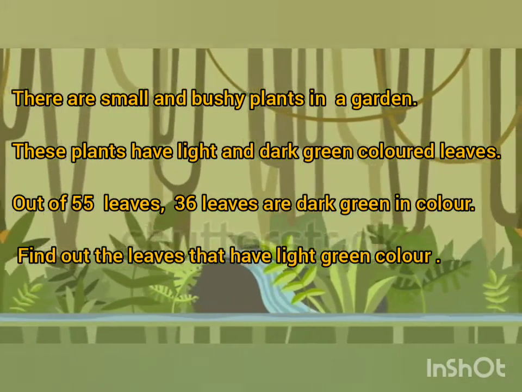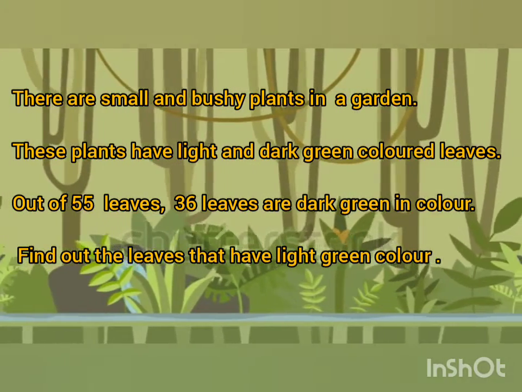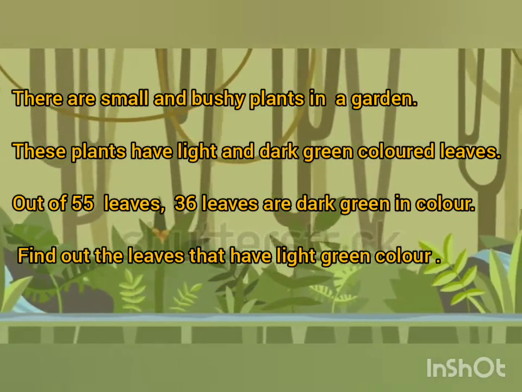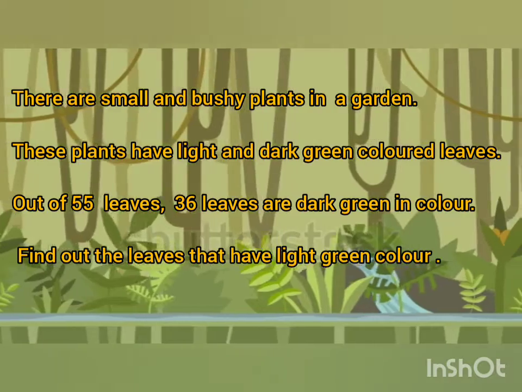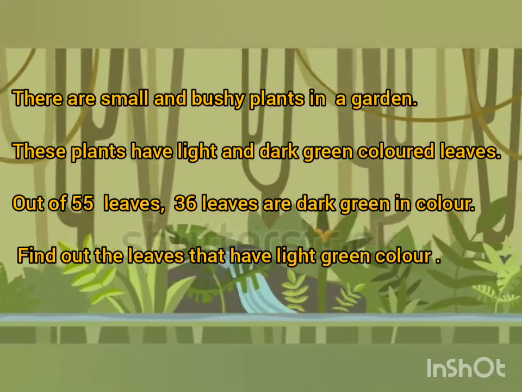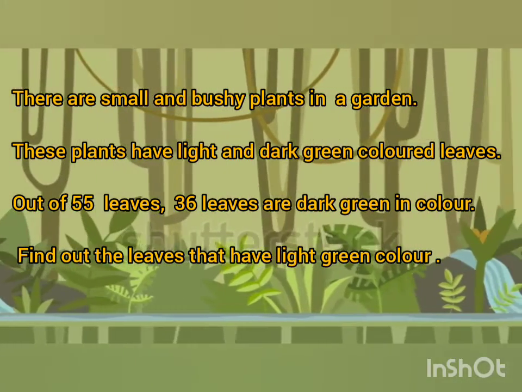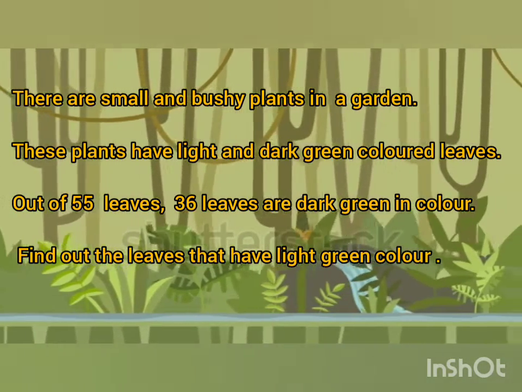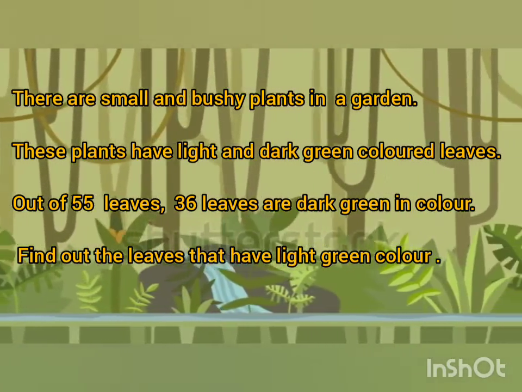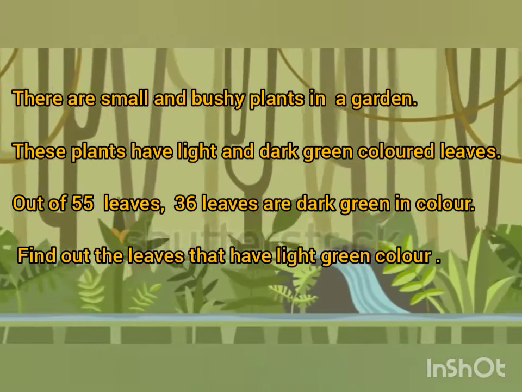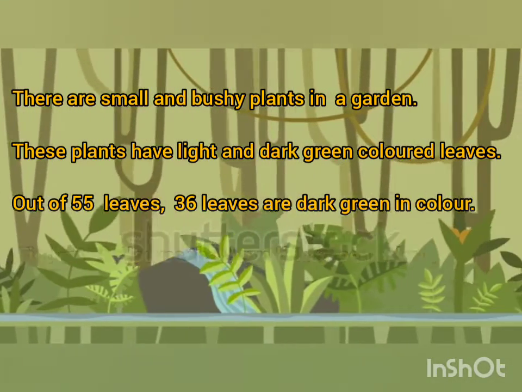There are small and bushy plants in a garden. These plants have light and green colored leaves. Out of 55 leaves, 36 leaves are dark green in color. Find out the leaves that have light green color.